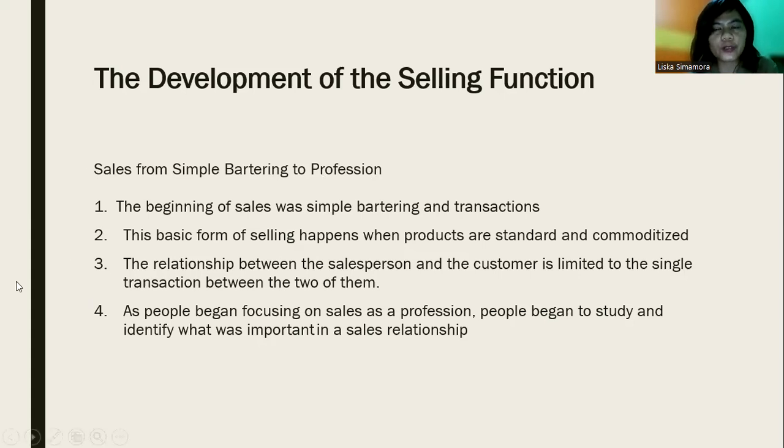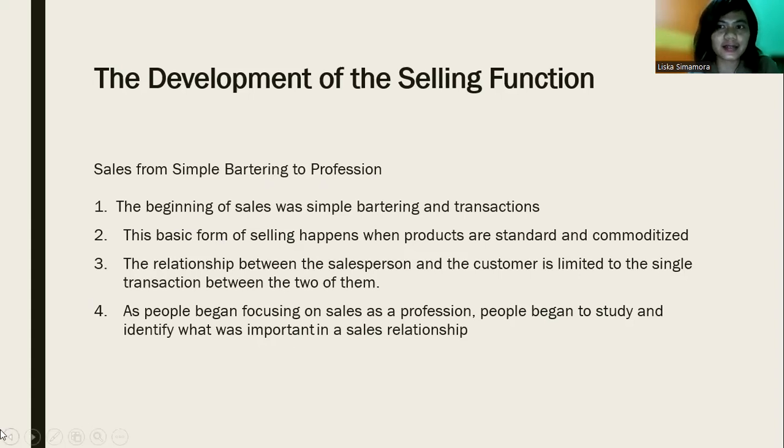In the old centuries, the transaction was done with bartering. The beginning of sales was simple bartering and transactions. Now it has become a profession.